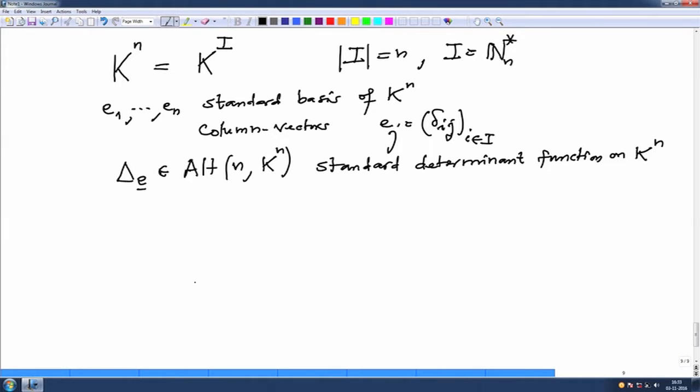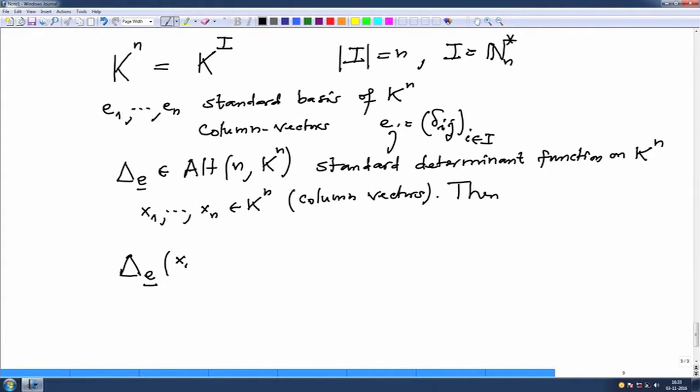Okay, and what we have seen is, if I take x1 to xn, arbitrary n column vectors in k^n, then δ_E evaluated on this tuple x1 to xn is nothing but the determinant of the coefficient matrix A. What is A?